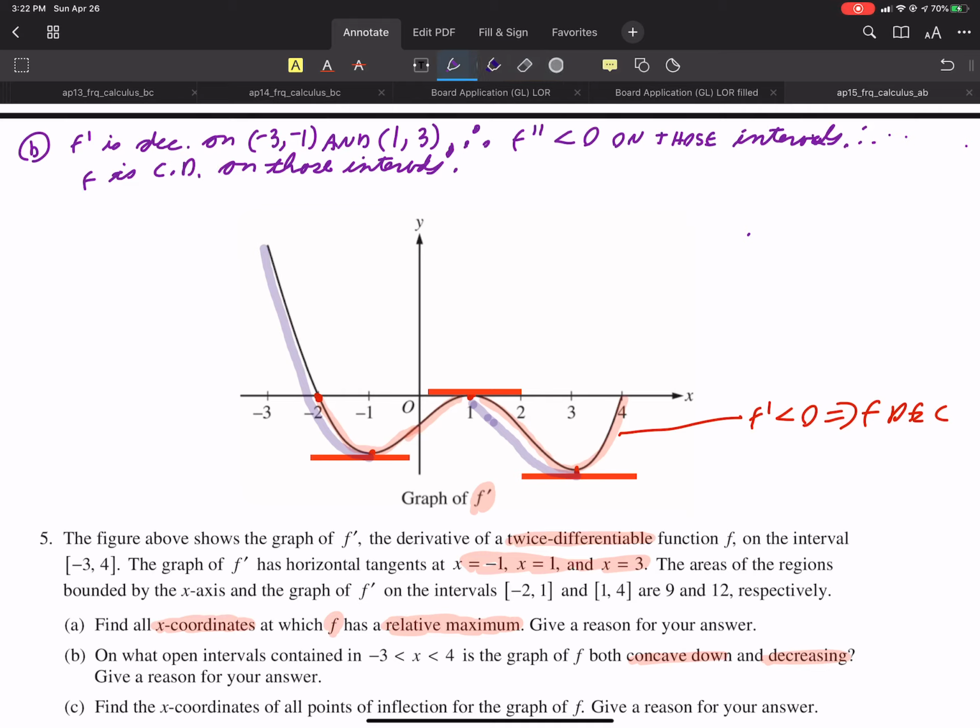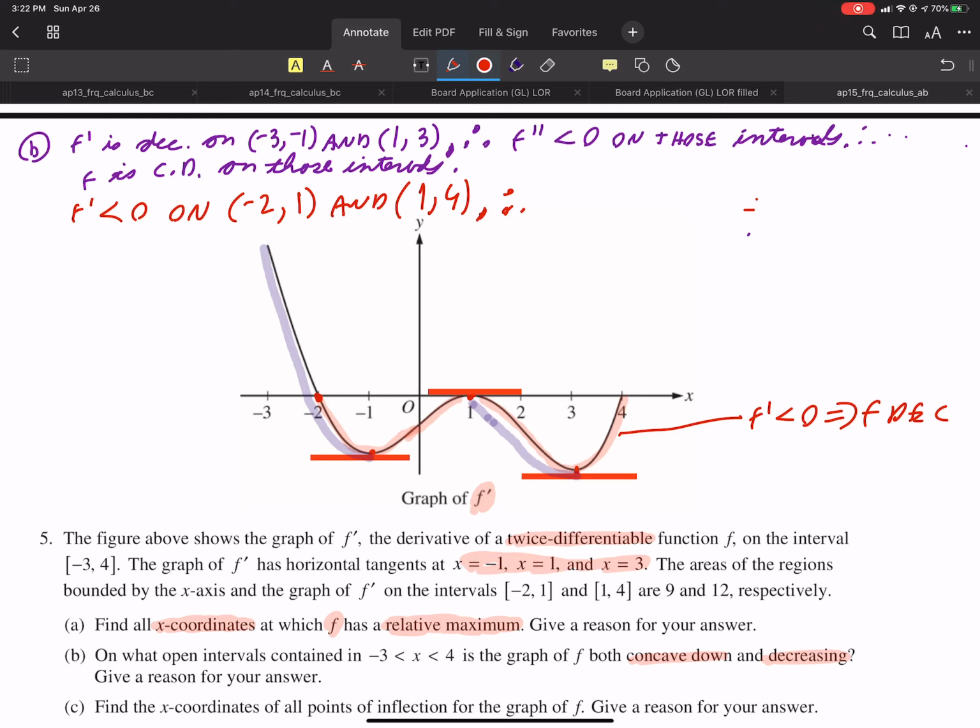Now we're going to do the part I wrote in red. This stuff, I'm just going to write it in words. So f prime is negative. You know what? Much easier just to say this. On what intervals? Now I'm going to break it from -2 to -1, the open interval between -2 and -1, and 1 to 4, period.